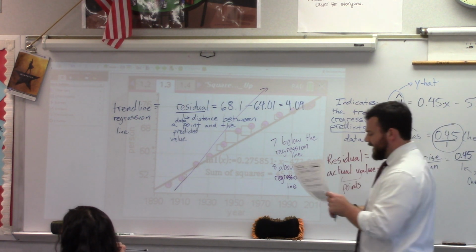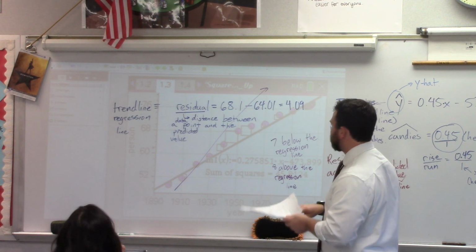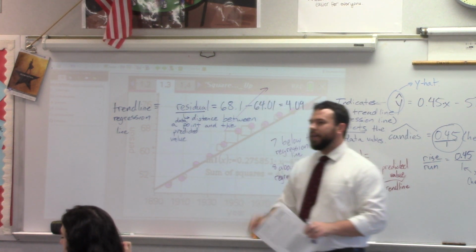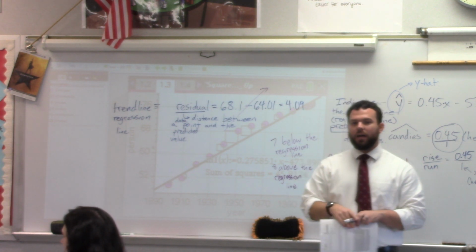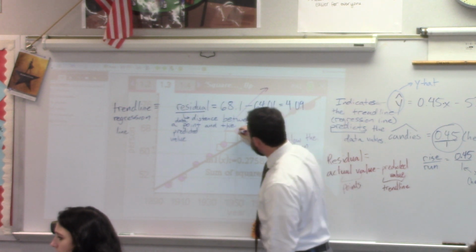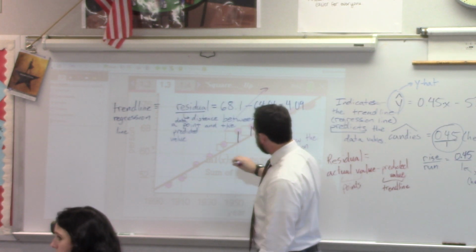Number 8, this is important. Which data points increase the sum of squares the most? The ones which are farther away from the line. Data points that are further from the line have a bigger what? Bigger square.